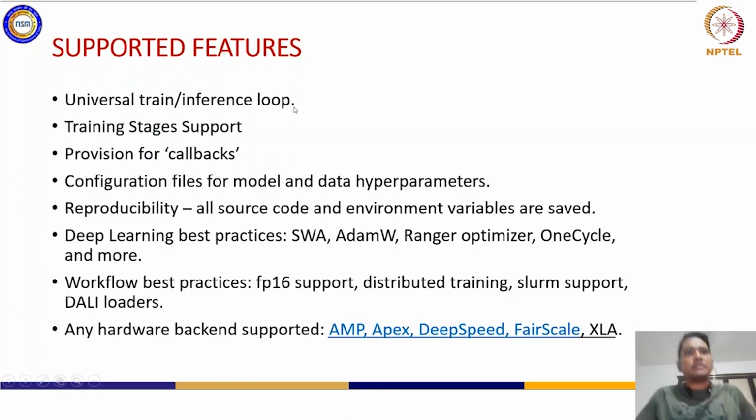Supported features, as I was mentioning: you have a universal train and inference loop. Universal train and inference loop, that is from the perspective of the target. Whether you are doing supervised learning, reinforcement learning, regression, or some classic classification, which is also a subset of supervised learning, whatever you do, it will have one universal structure that you can follow, and you will also have provisions for callbacks.